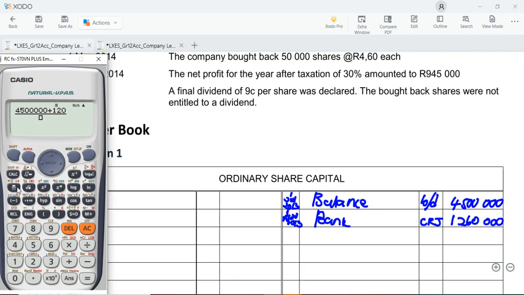At the top, you're going to put the monetary value of the shares that we issued, and then at the bottom, you're going to put the number of shares. So let's do it. We know that at the beginning they issued 1,500,000 shares, so we're going to put that here.